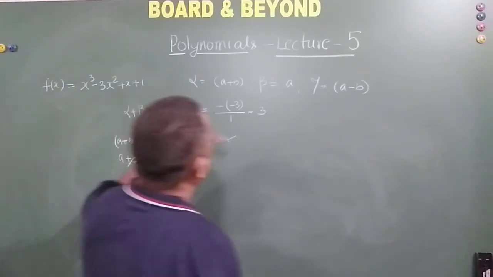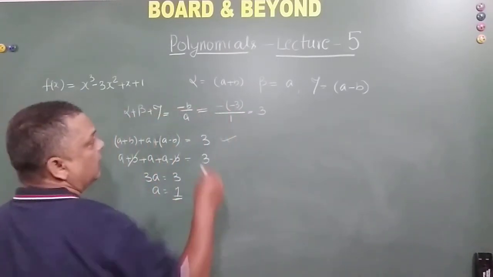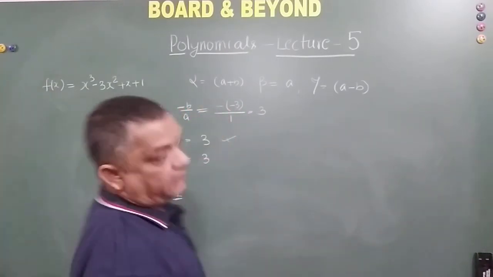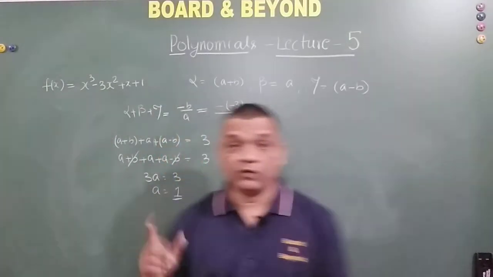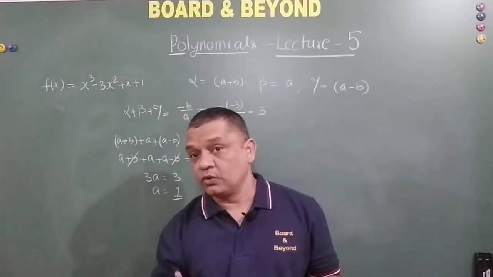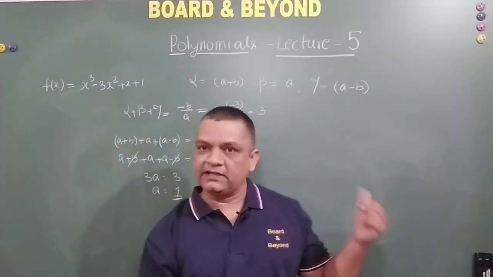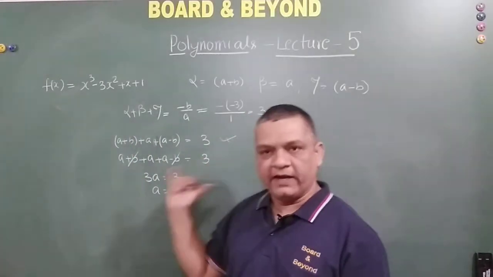Now we take alpha, and here there are two things that we can do, my friends. One is that either we take alpha into beta into gamma and equate it to minus d by a and find the value of a and b.